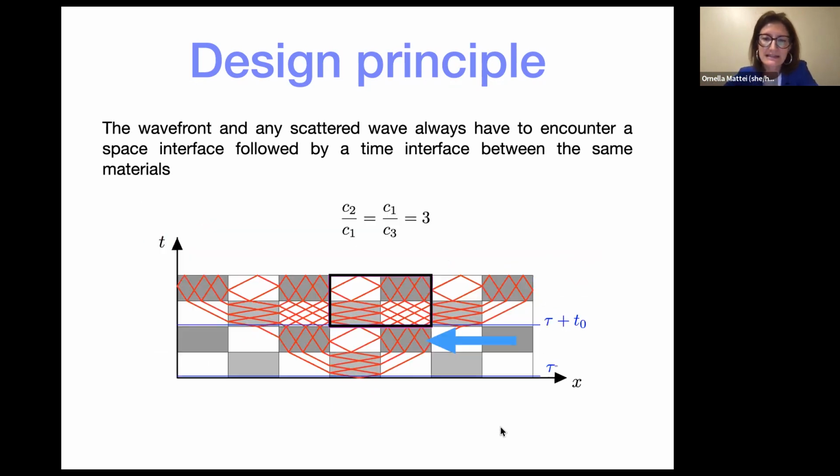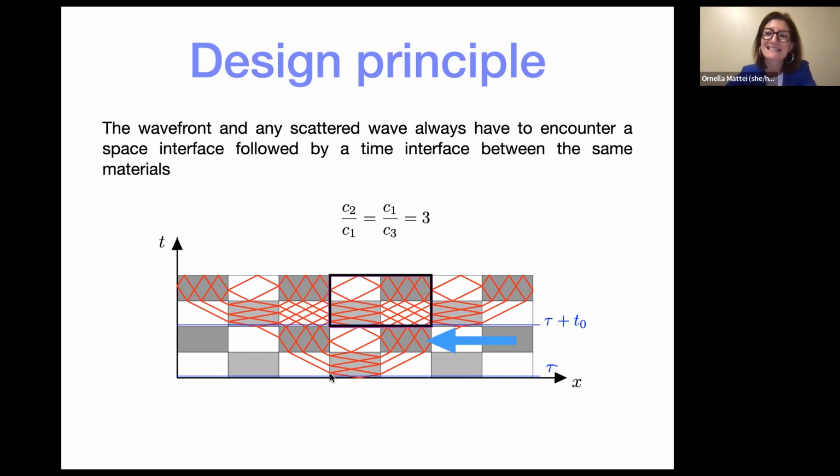So let's go back and check the other designs. In this example here, we found that for some values of the wave impedances, we had broken PT-symmetry, for others unbroken. Well, the reason for that is that if I only look at the edge of the field pattern, the wavefront will go from a space interface to a time interface, and then back to a space interface, and then a time interface.